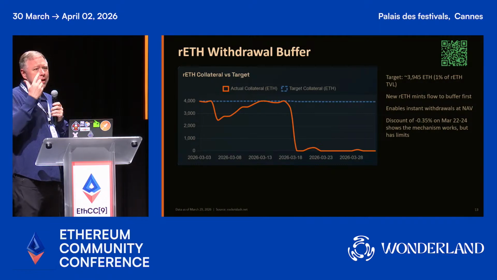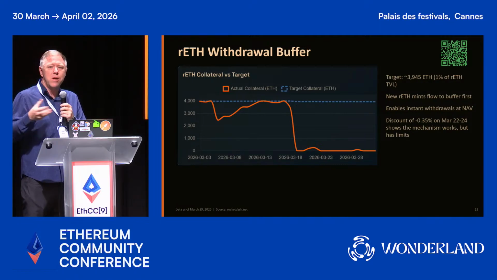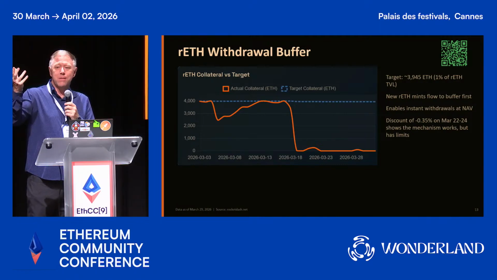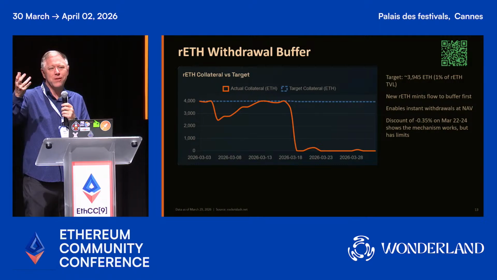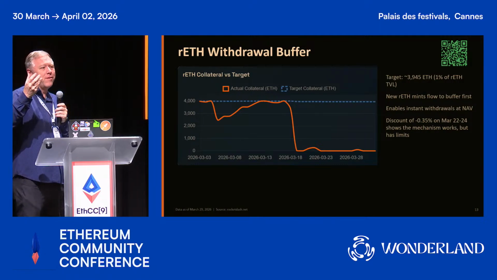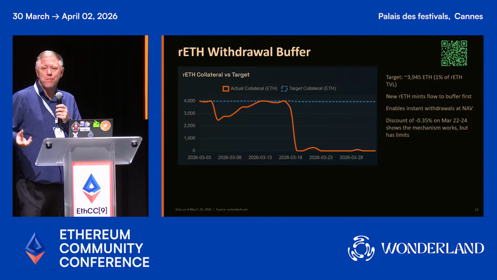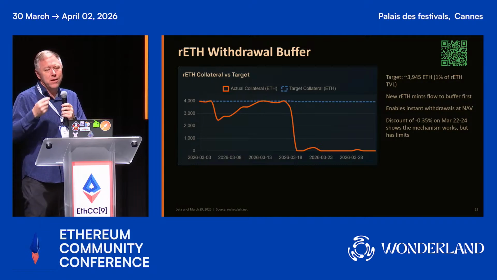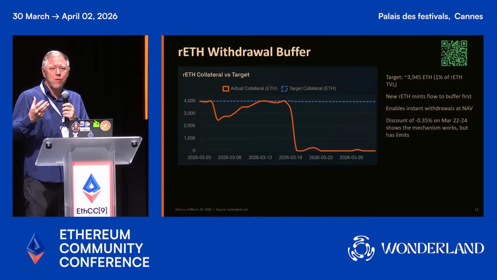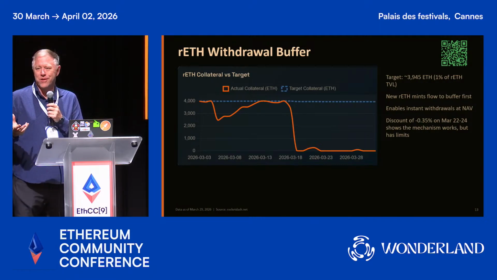And what historically has happened is that it would trade in liquidity markets. And sometimes it would be at a premium. A lot of Rocket Pool's life, you were paying more in the liquidity markets. In other cases, it would sell at a discount. So you acquired a liquid staking token, you were kind of earning rewards, but when you came to cash out and sell, you didn't get the full value of those rewards, right?